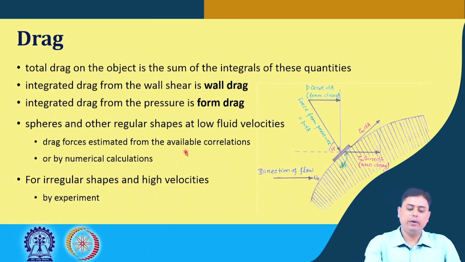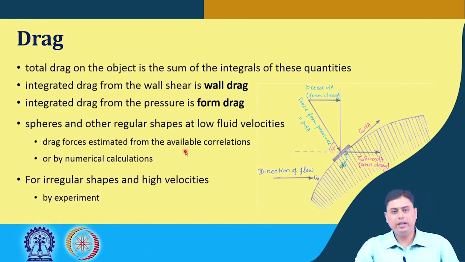So typically when there is a well defined shape like sphere, cuboids, cylindrical shapes and such, we can estimate from the available correlations or the charts that are given or by numerical calculations. But for the irregular shapes, it is typically done by experiments, but numerical calculations can also be applied.